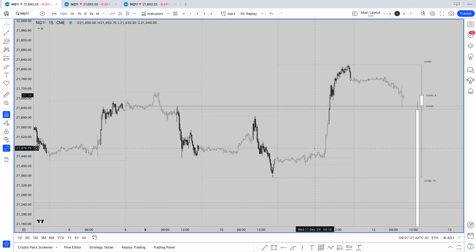So basically, for me, the overnight price action only has 3 functions.